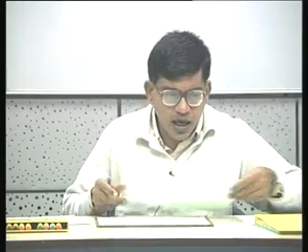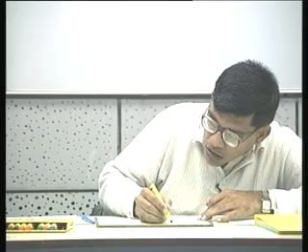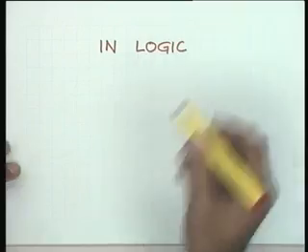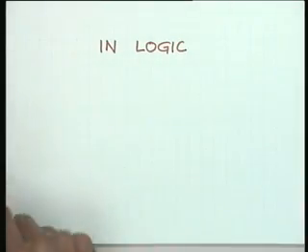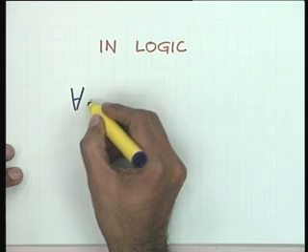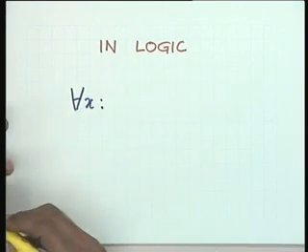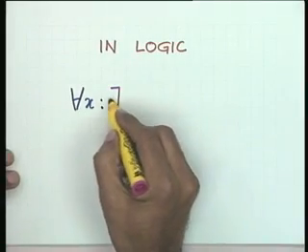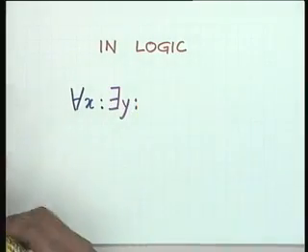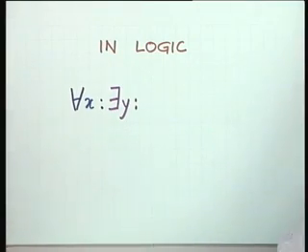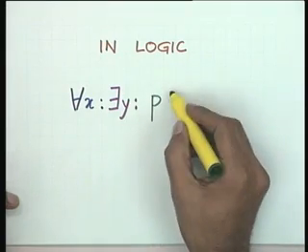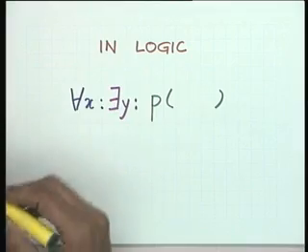For example, in logic you have these quantifiers. So, you could have a quantifier like for all x, there exists y, and some statement in terms of, let us say, some predicate p, which has maybe several free variables.